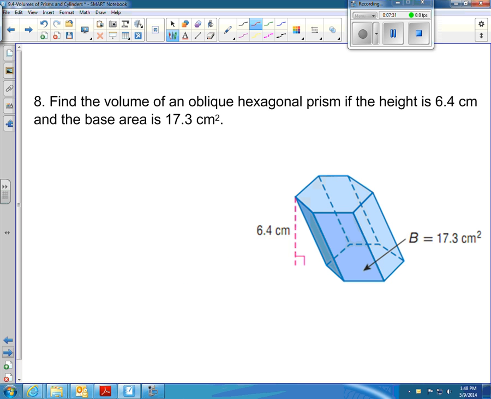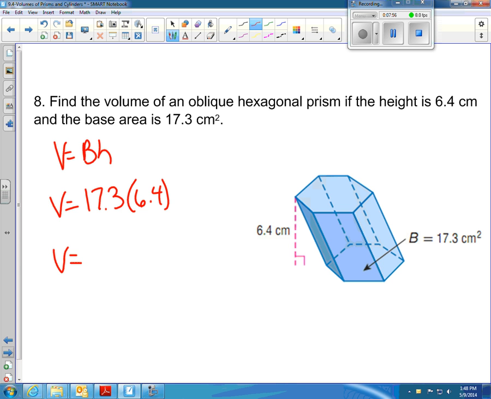All right, find the volume of an oblique hexagon prism if the height is 6.4 centimeters and the base area is 17.3 centimeters squared. No matter if it's a right prism or an oblique prism, you are still going to take base area times your height. So our volume is going to be our base area times our height.